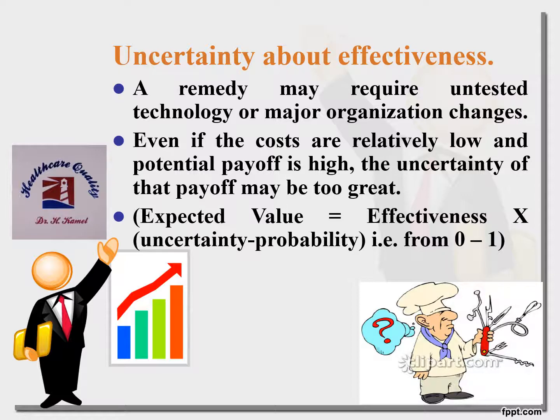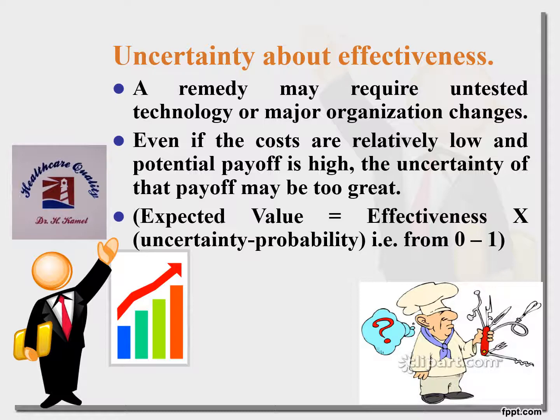Uncertainty about effectiveness. A remedy may require untested technology or major organization changes. Even if the costs are relatively low and the potential payoff is high, the uncertainty of that payoff may be too great.